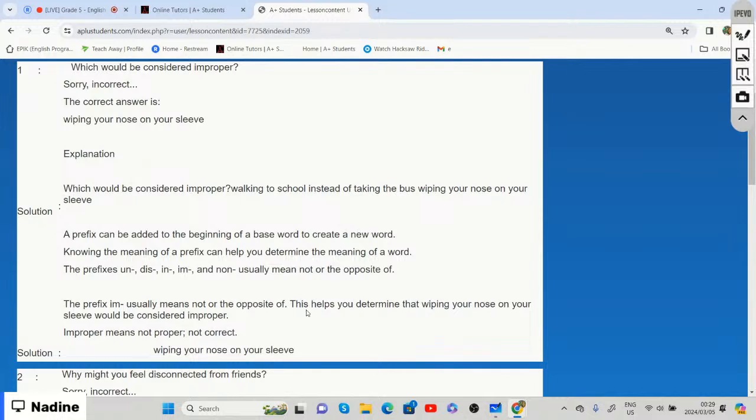Right? So it's anything negative, which is either not or the opposite of.